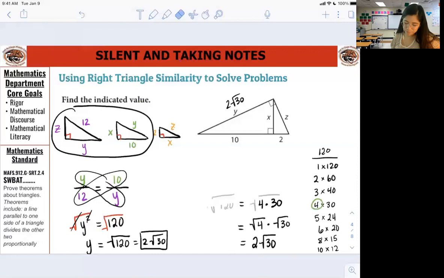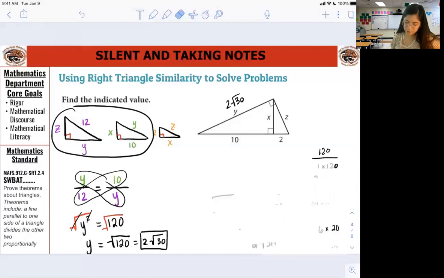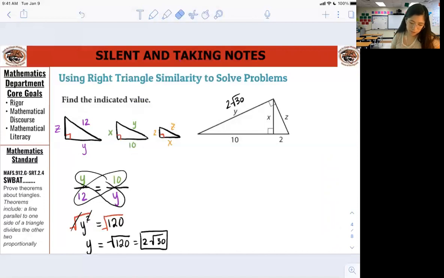All right. So now let's try to get another variable. So we got Y. That's all good. Can I come up with another proportion to help us get a different variable?